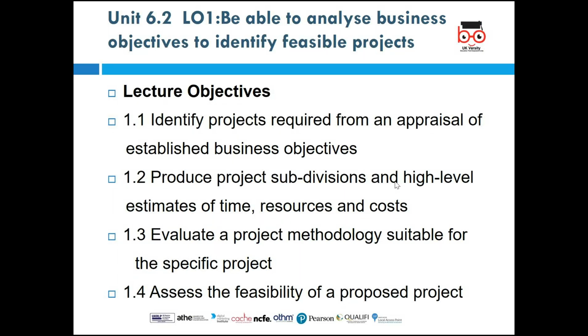Learning Outcome 1 is all about being able to analyze business objectives and to be able to identify a feasible project. So in our assignment, we'll be given a scenario and we will try to make a business case out of it and identify a project that will be feasible.